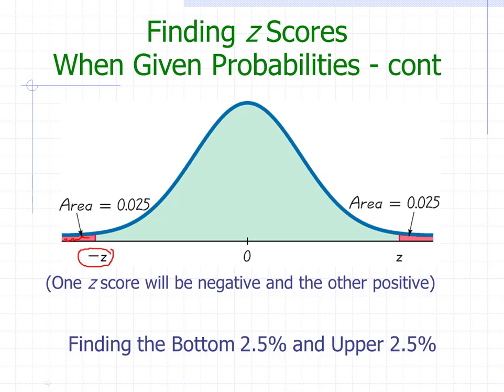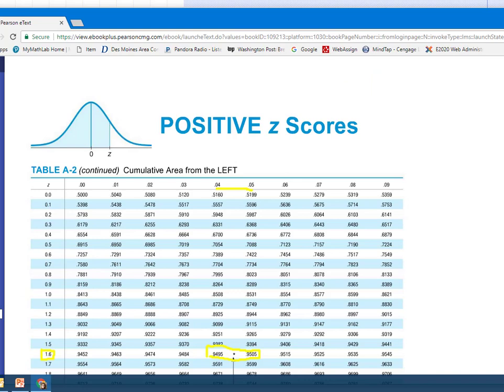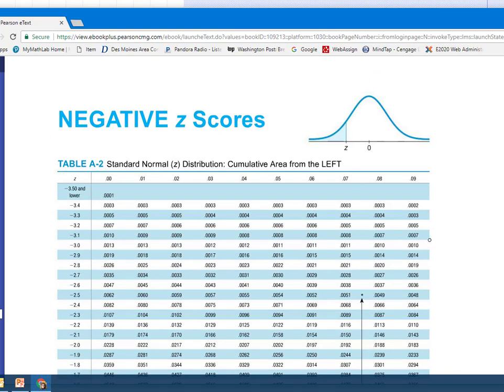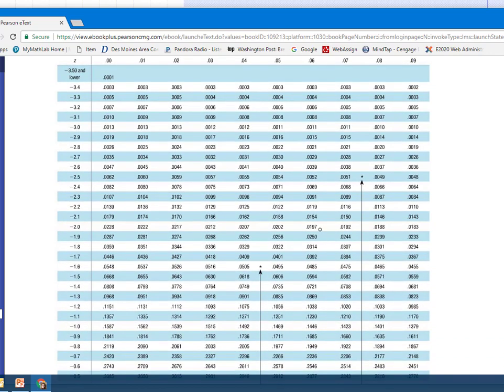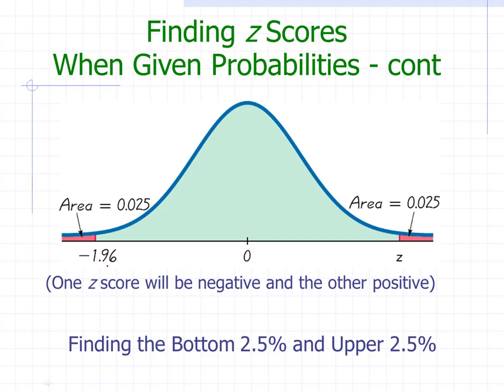So let's bring our table over, go back to the negative side, and I'm looking for 0.025. Aha! Right there. So what's my z-score? It's a negative 1.96. I know this is a negative 1.96 because I want the top 2.5%.